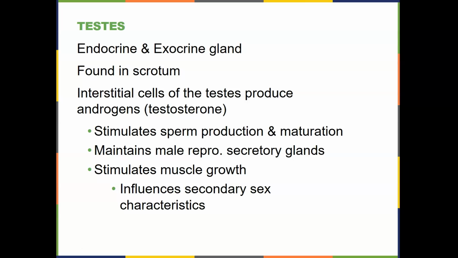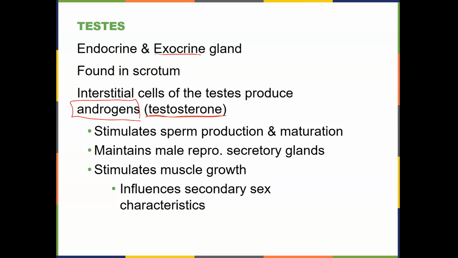In the testes, again, endocrine and exocrine, testes are found in the scrotum of mature males and young males as well. They contain interstitial cells that produce androgens, specifically testosterone. Testosterone is a type of androgen, okay? There are other androgens as well.